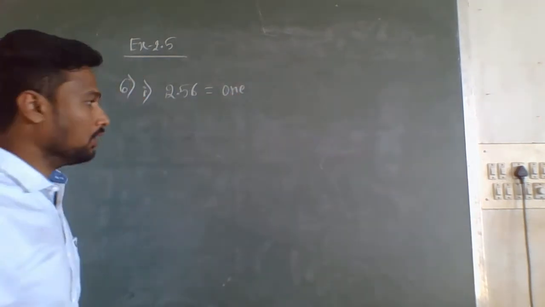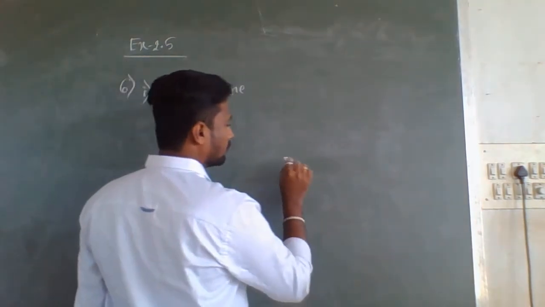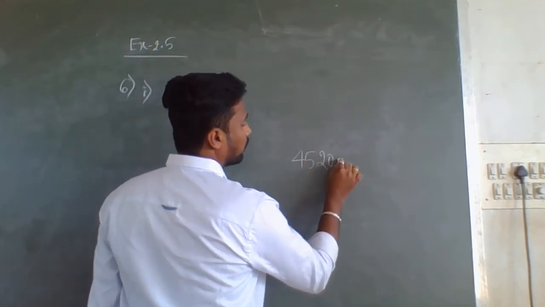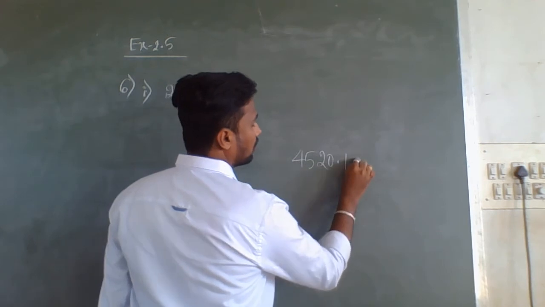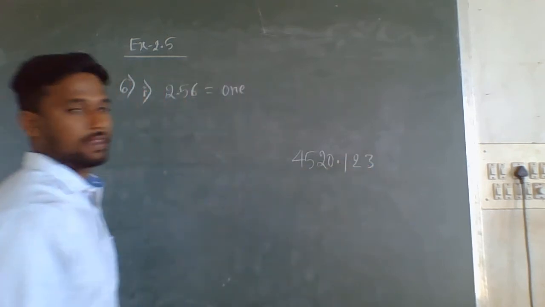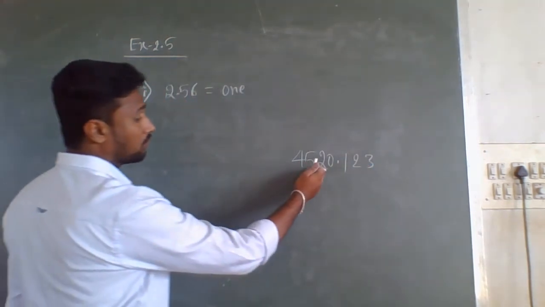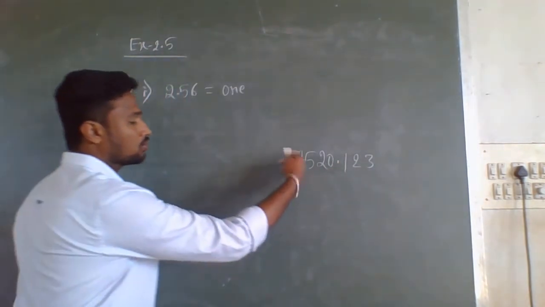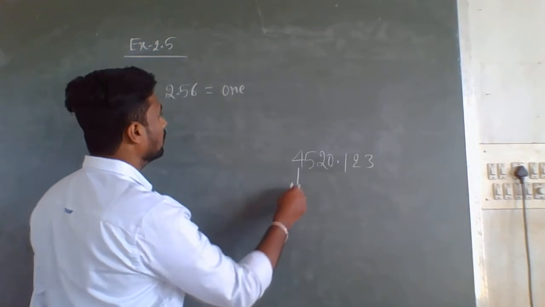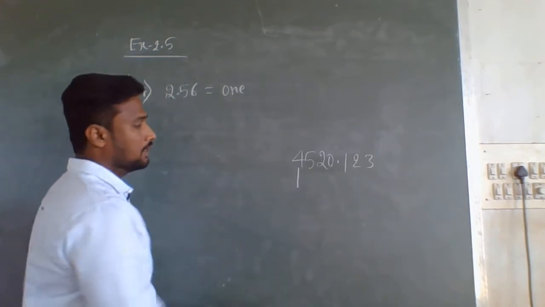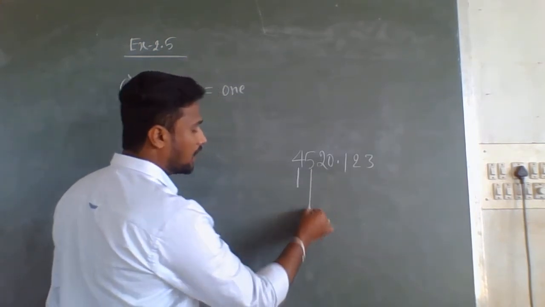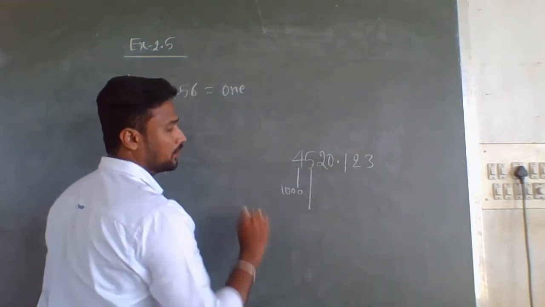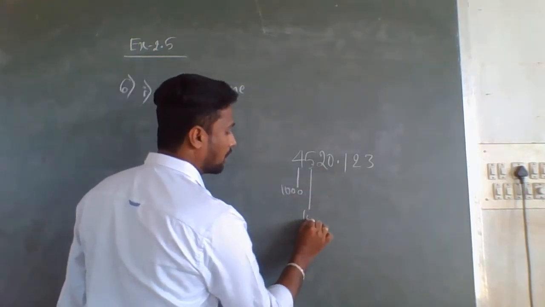For example, here I will write 4,520.123. Here 4000 means this is at the position 1000. Next one is 500, which means this is at the position 100.